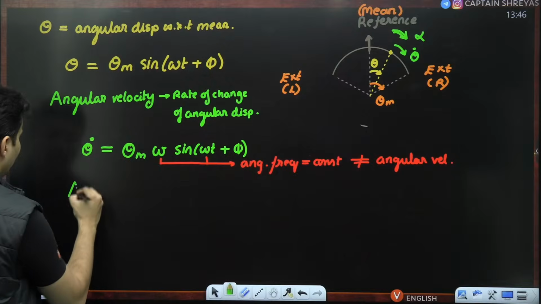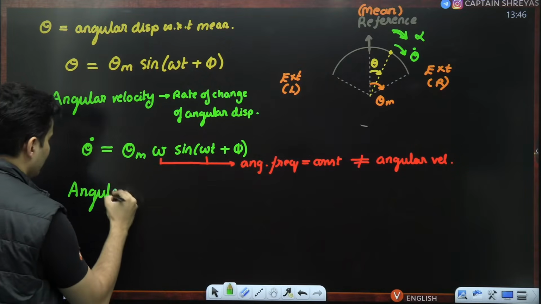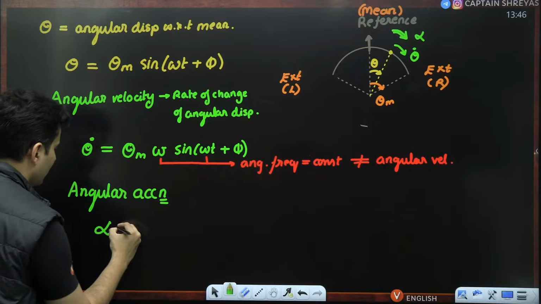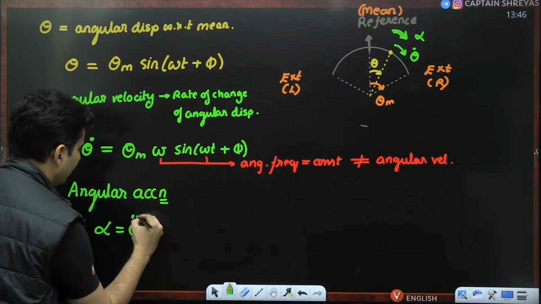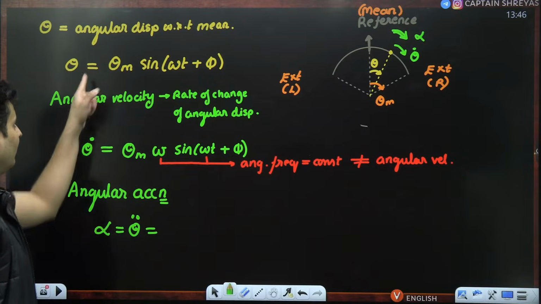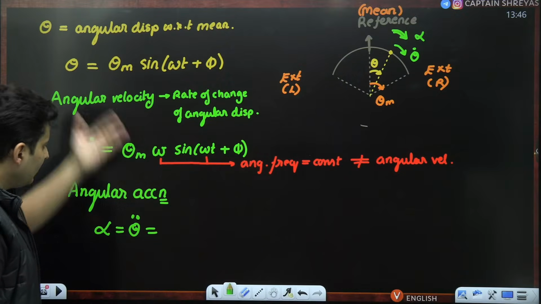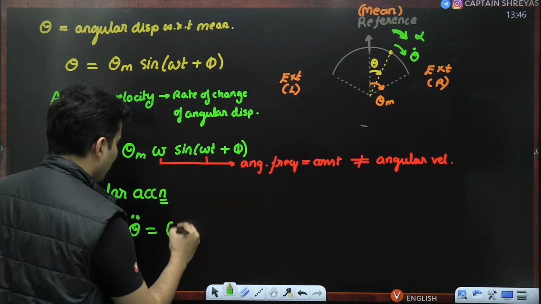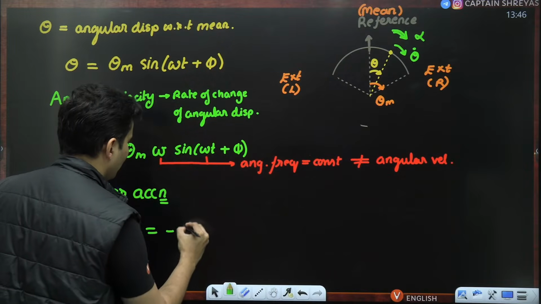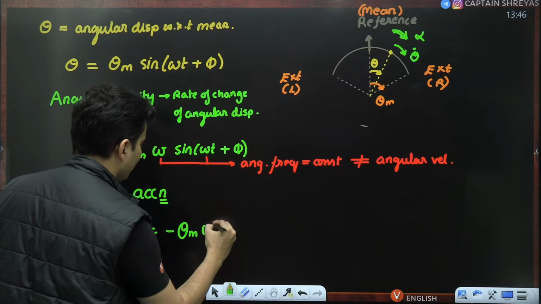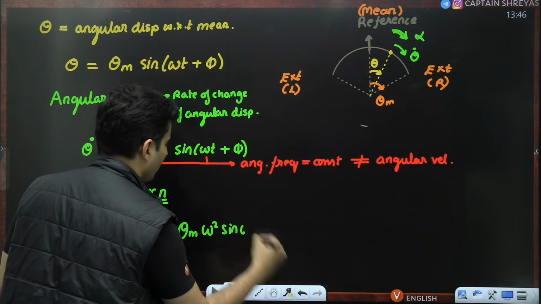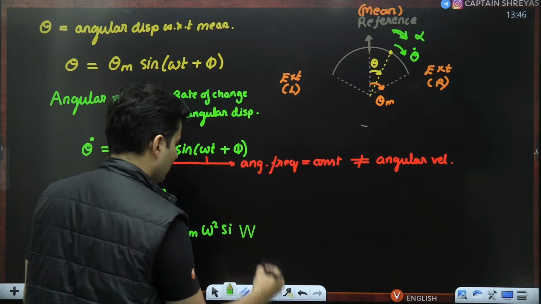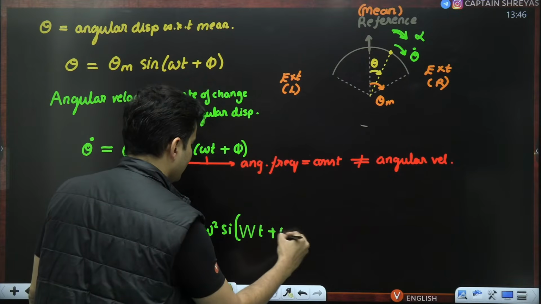Similarly, you have angular acceleration, and that angular acceleration alpha is also theta double dot, meaning the second derivative of position. So this will be minus theta m omega square sine omega t plus phi.